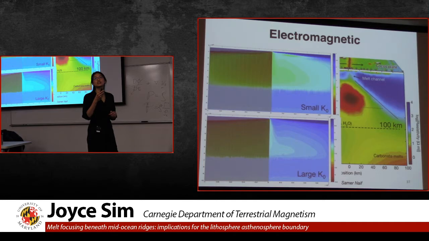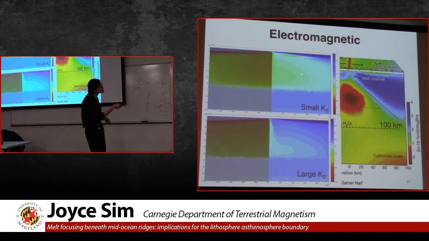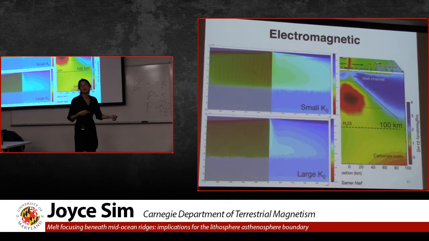So this is just the first step of doing this. Hopefully we can then get the synthetic data and see if you can actually see that. So you already see between a small and large permeability case whether it can match what we see in nature. Hopefully at some point we'll figure it out.